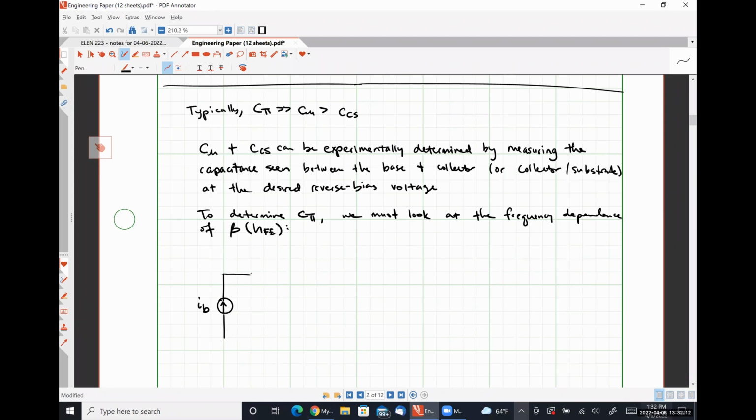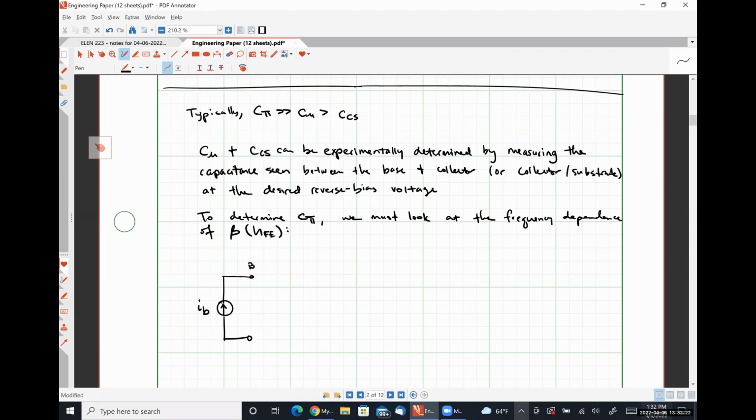We're looking at this as if we are injecting a base current into the system. So this is our base terminal. This is our emitter terminal. Here's R pi, V pi. Here's C pi.